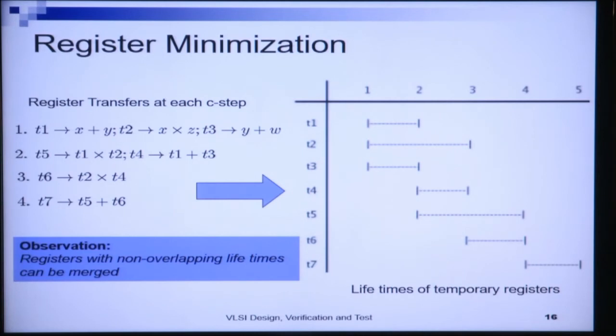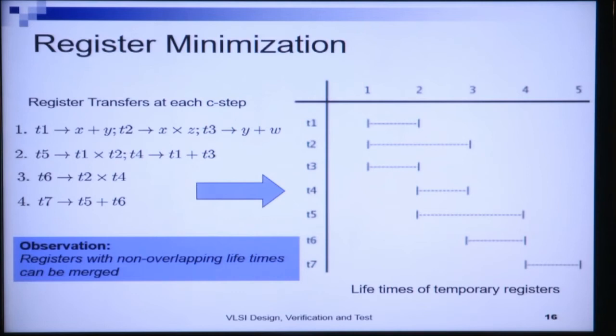And so, what does the algorithm basically look like here? We sort the intervals based on their left edges, and then we take one hardware register which is blank and we take the first temporary register and put that in that hardware register.